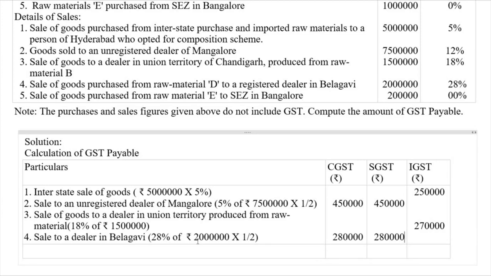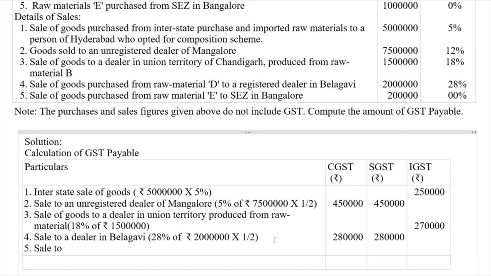Then there's one more here, that is sale of goods, sale to a SEZ in Bangalore, on which input tax rate is not available here. So what we should do here, we will just put a dash here.